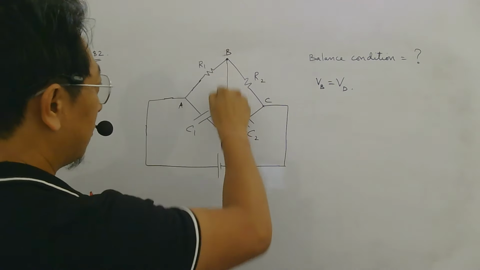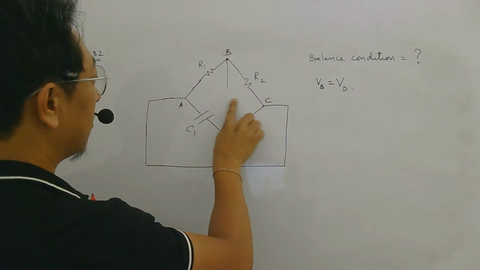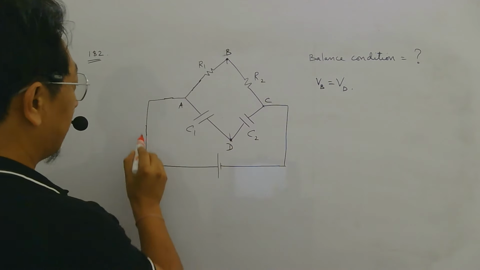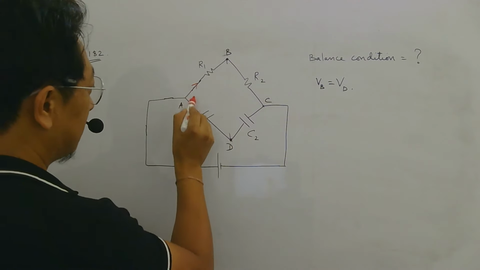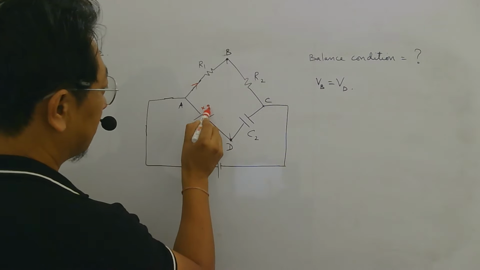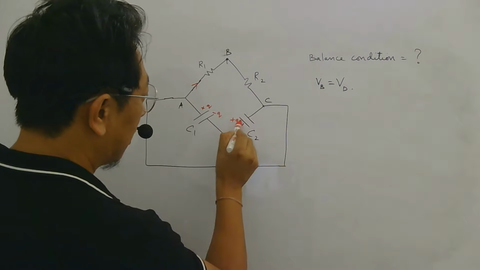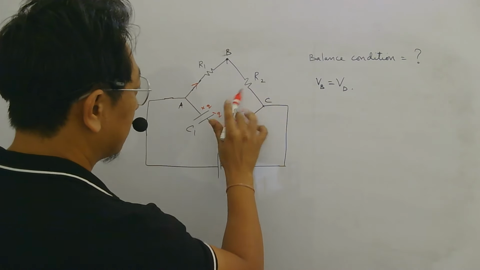So if no current flows here, then this can be removed, isn't it? Now whatever current came from here will divide like this, and this will get charged, plus Q minus Q, and that current will make this also charged, plus Q minus Q.